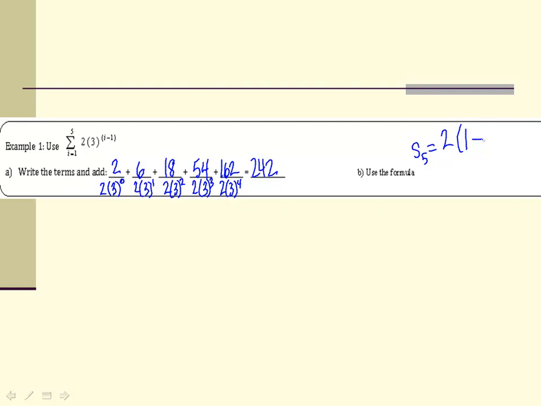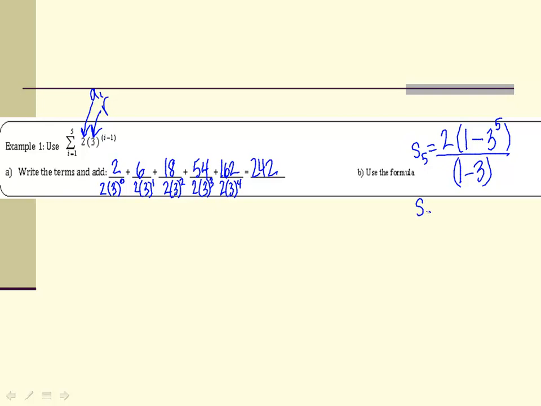Now we can tell our rate by looking over here. Here's our r, here's our a sub 1. We're always going to see those in these problems. So minus our rate, which is 3 to the 5th power, because we've got 5 terms, all divided by 1 minus our rate.